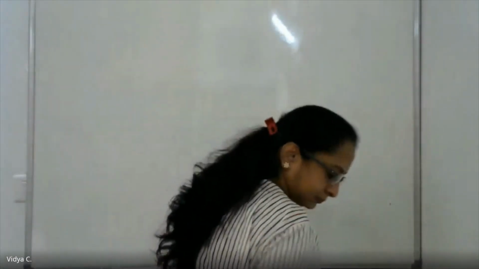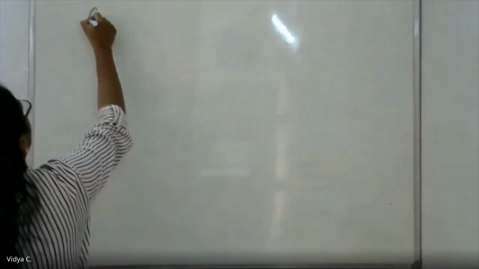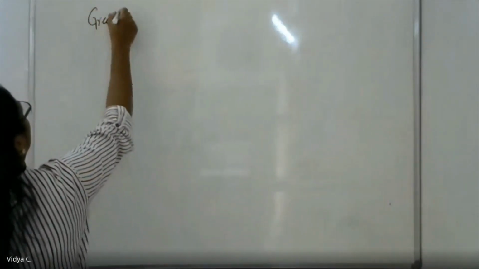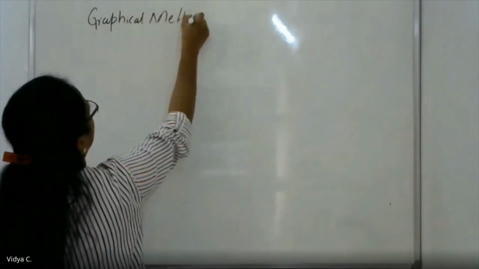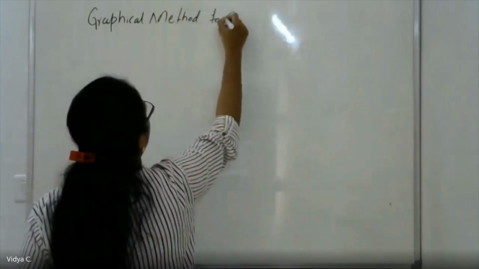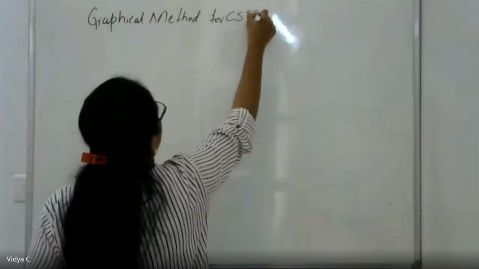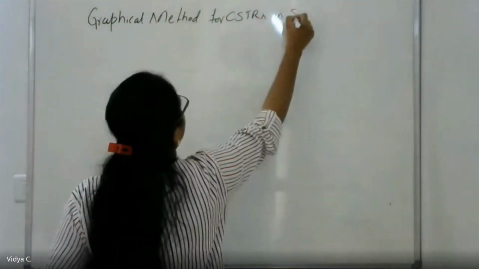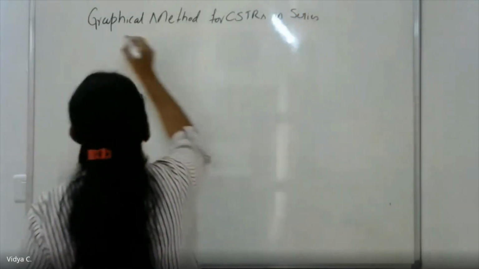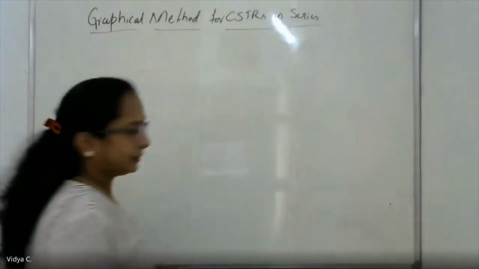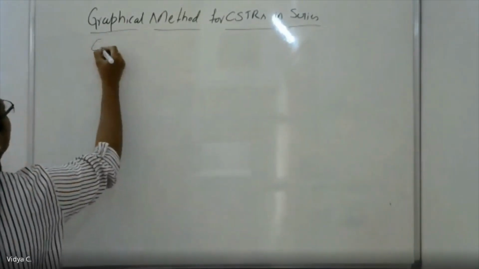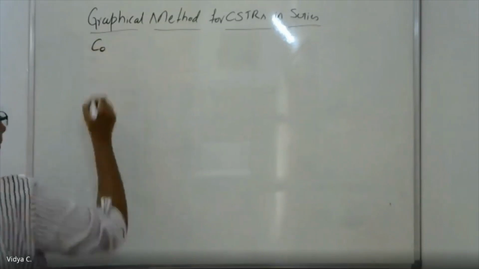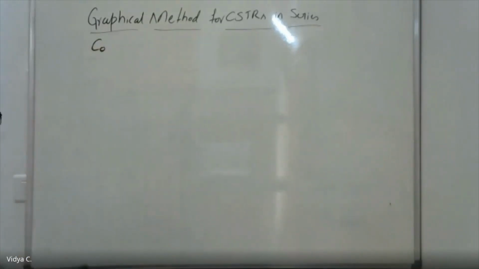So how do I proceed? First thing is C0 is known to us. C0 will be given, that's a given concentration.